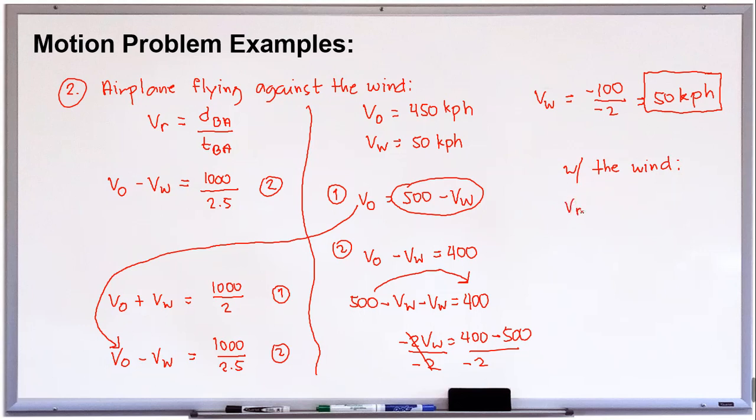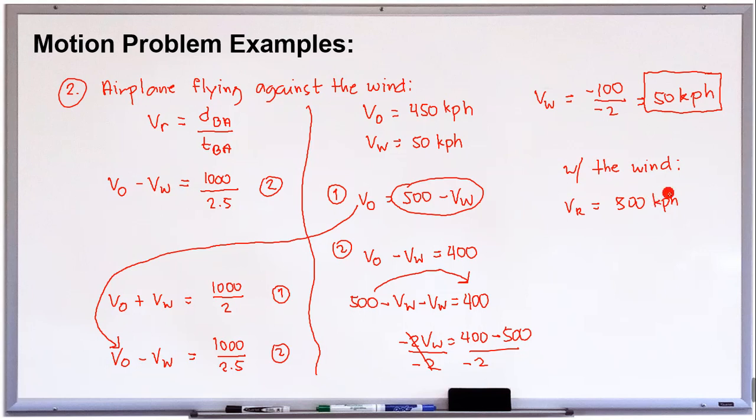So the resulting velocity again is equal to the sum of the wind and the absolute velocity of the plane. So that is 450 plus 50, that is equal to 500. So as you notice, if there's a tailwind, so we call that one a tailwind if we have a wind that blows from the rear to the front of the plane.